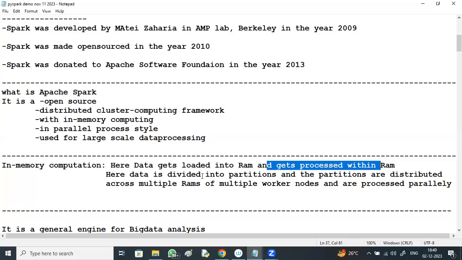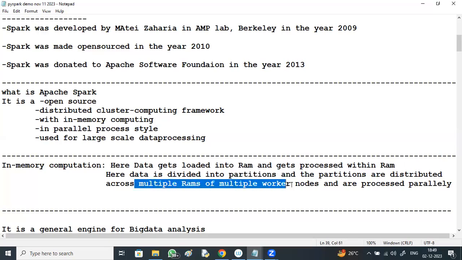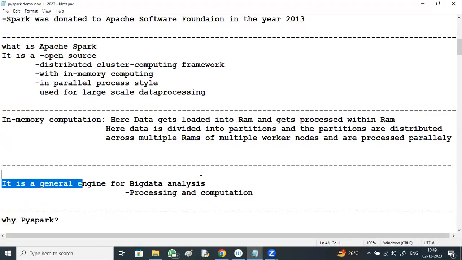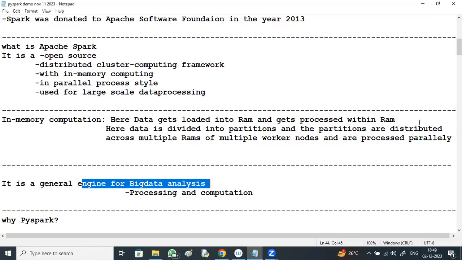The data set is divided into multiple partitions that are distributed across the RAMs of multiple worker nodes and processed in parallel. Any huge data set is divided into smaller parts called partitions, distributed across multiple worker nodes and processed in parallel. So Spark is a general engine for big data analysis, processing, and computation.